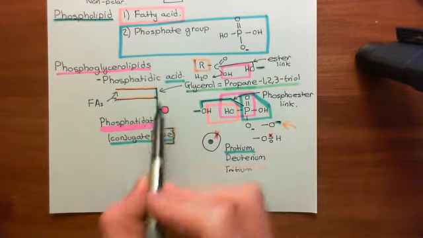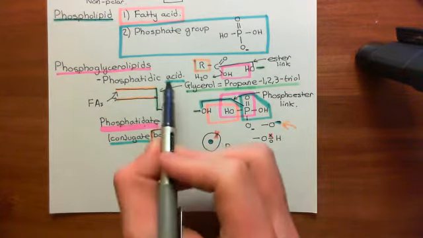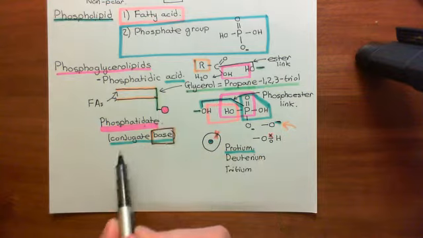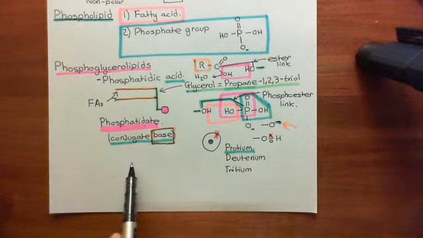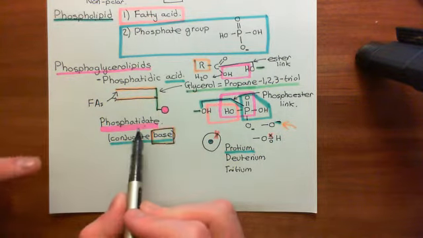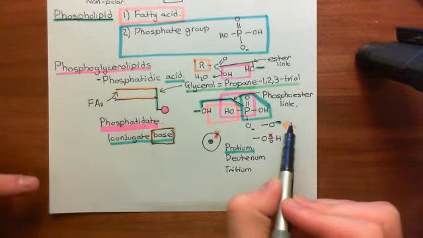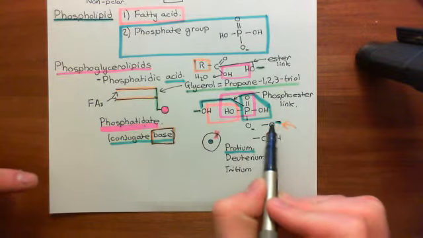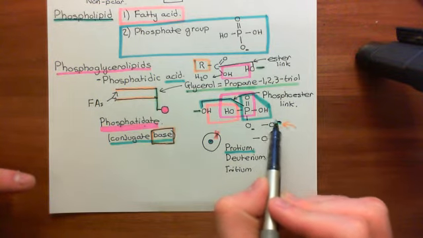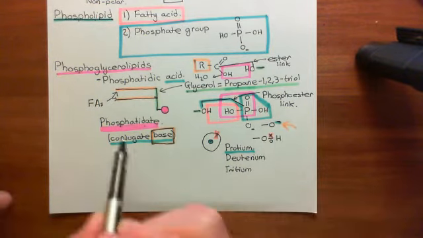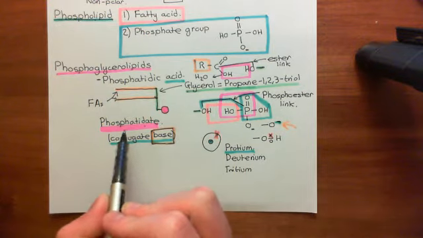Because we got this molecule by removing the proton from an acid, it's called the conjugate base of the acid. So this is what phosphatidate is. It is phosphatidic acid once phosphatidic acid has lost its proton and therefore has a negative charge on that oxygen. So that is what phosphatidate is.